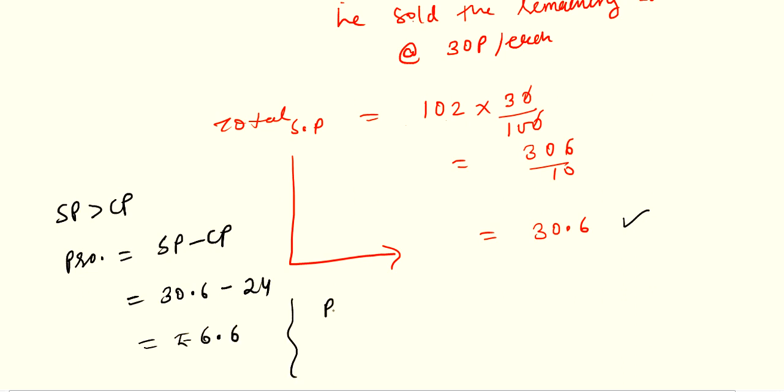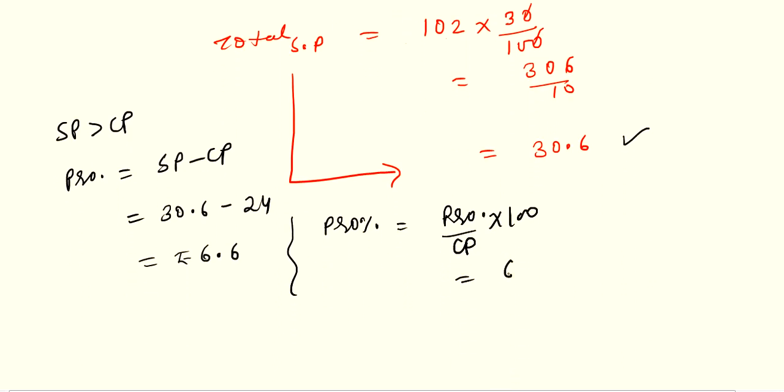Now find the profit percent. Profit percent equals profit upon CP into 100. Our profit is rupee 6.6, cost price is 24, into 100.